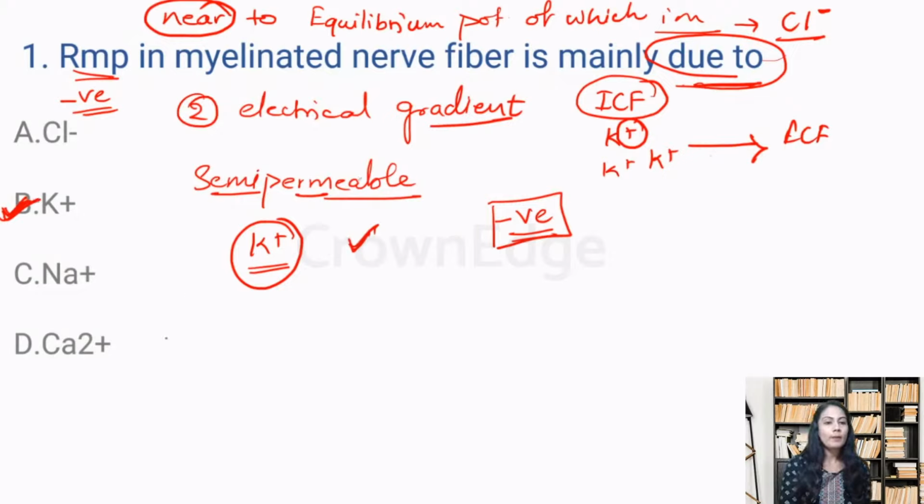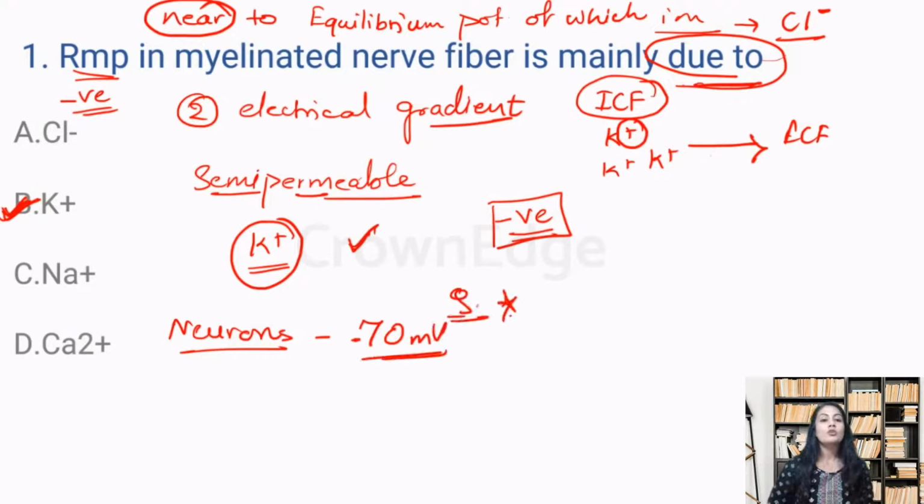Why is it so? Because remember, the RMP of neurons especially is minus 70 millivolt. The question is already asked, so mark it with a star, right? So it is minus 70 millivolt.